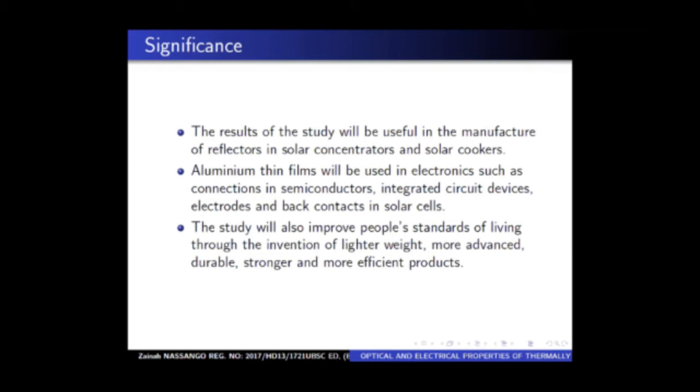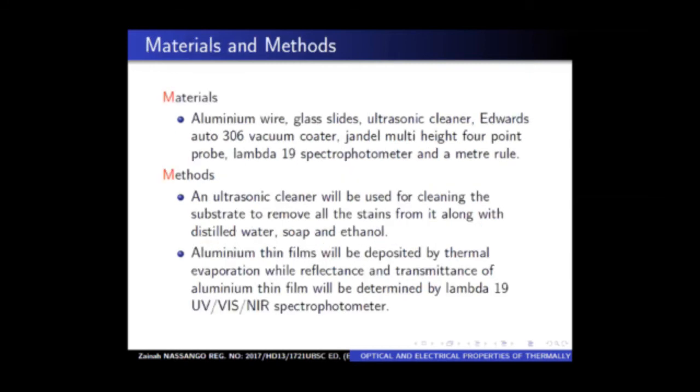Also, aluminum thin films will be used in electronics such as connections in semiconductors, integrated circuit devices, electrodes, and back contacts in solar cells. Not to forget, this study will improve people's standards of living through the invention of lighter, more advanced, more durable, stronger and more efficient products.